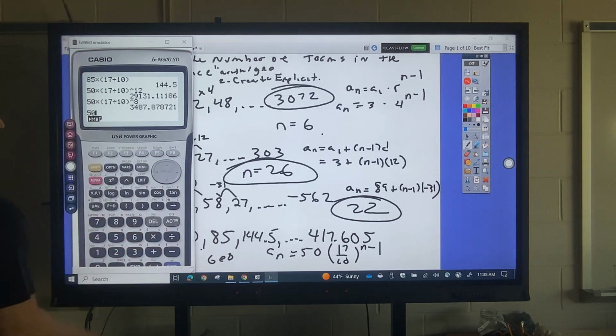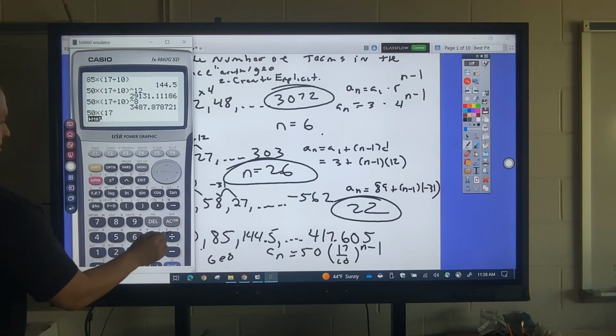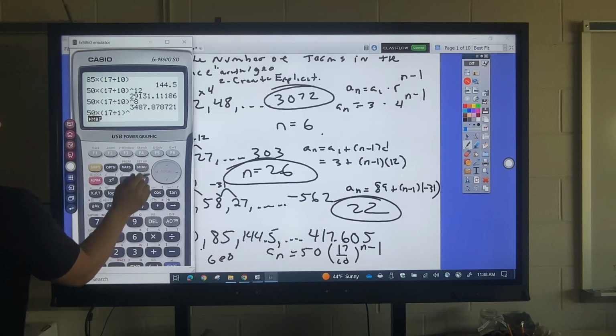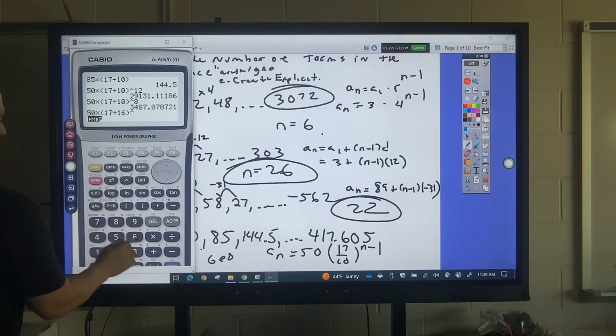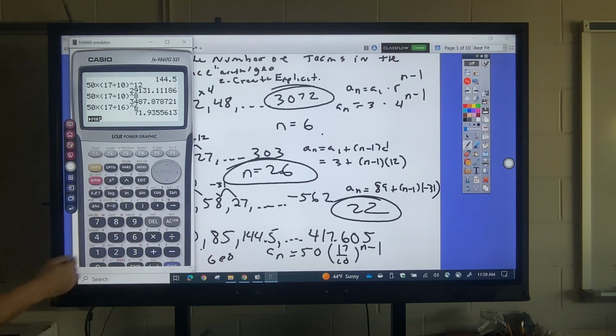Actually, I need to go bigger. What am I doing? No, I just got too many. Let's go 17 divided by 10 to the 6th power. All right, now I went too small. Well, actually, I multiplied by the wrong number. Sorry, my calculator's not great.